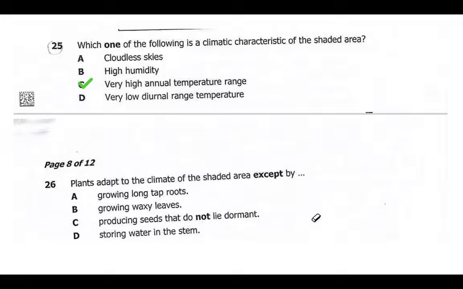Those seeds are dormant. They can be in the soil for years and years waiting for the rains. If there are no rains, they will remain there. So this is not one of the characteristics. And the other one is storing water in the stem. Of course, this is one of it. So our answer there is C. C is not one of the adaptive features of the plants of the hot desert.